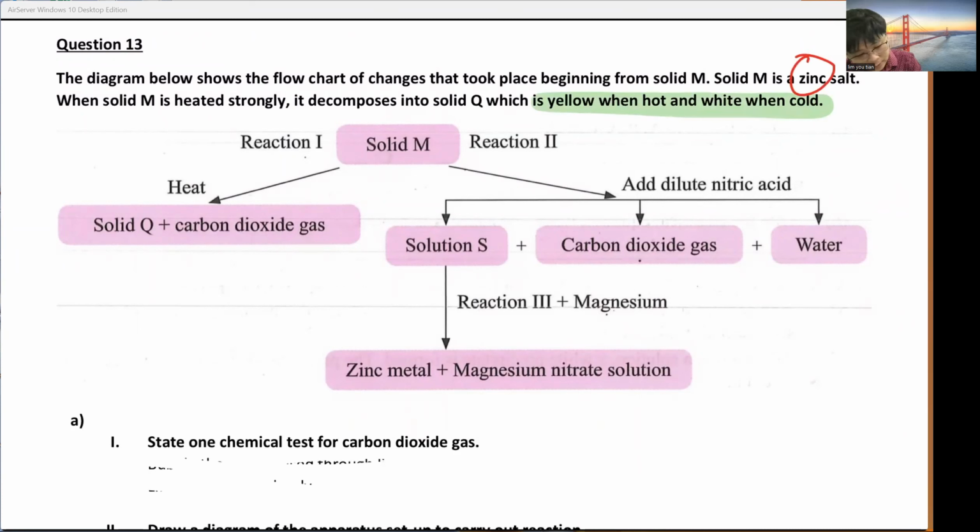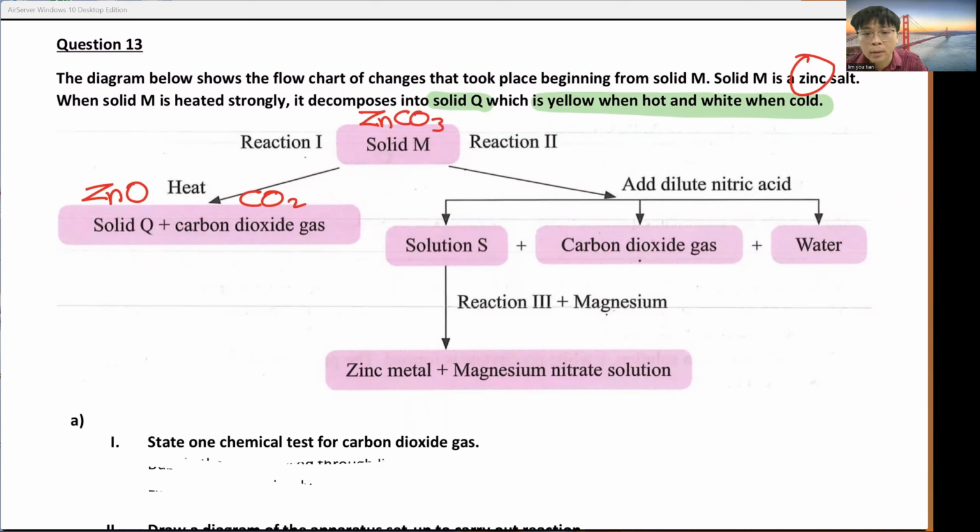That is your zinc oxide, solid Q. Then this one is carbon dioxide. Then you can guess who is solid M. After heating, solid M gives zinc oxide and carbon dioxide. So you can guess it. It's your zinc carbonate.